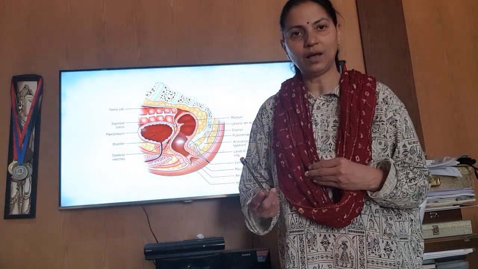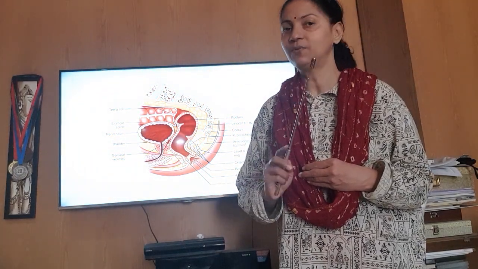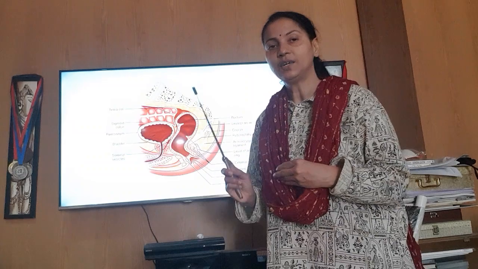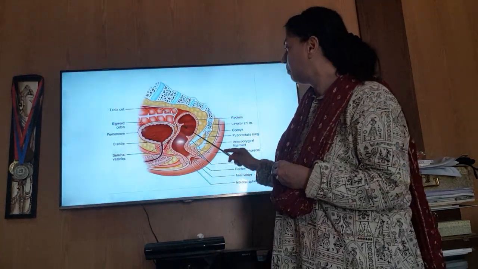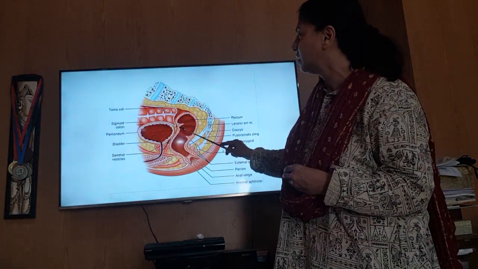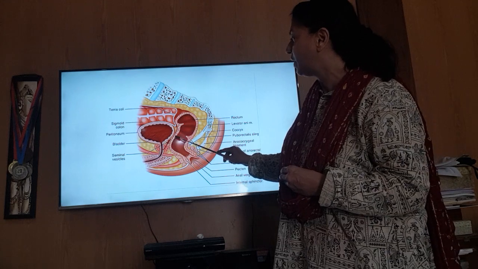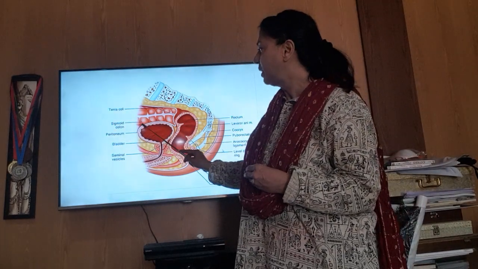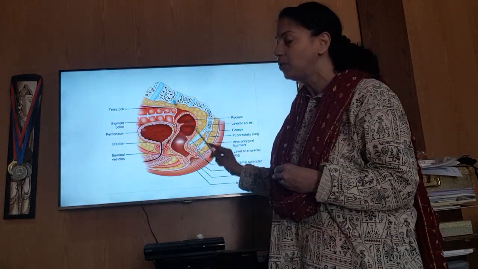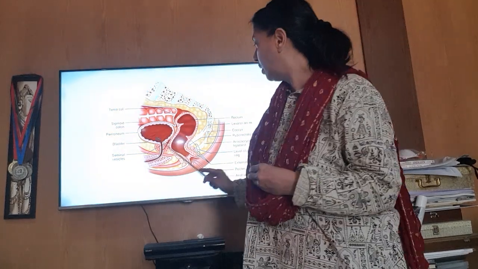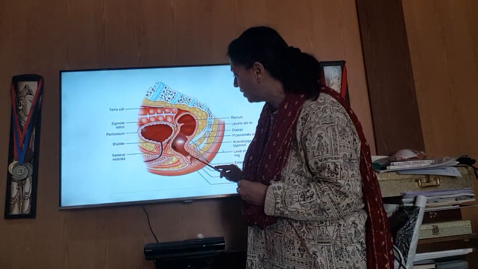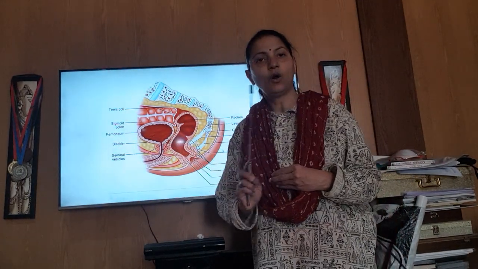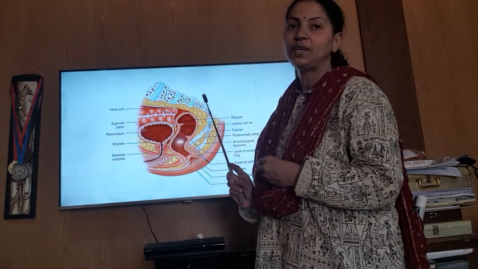Depending on what is coming when, its length will vary, but it will not go any further. It will just go up to the end of the middle 1/3. So the middle 1/3 of the rectum is covered by this peritoneal fold only in its anterior wall. But the lower 1/3 is not covered by peritoneum.